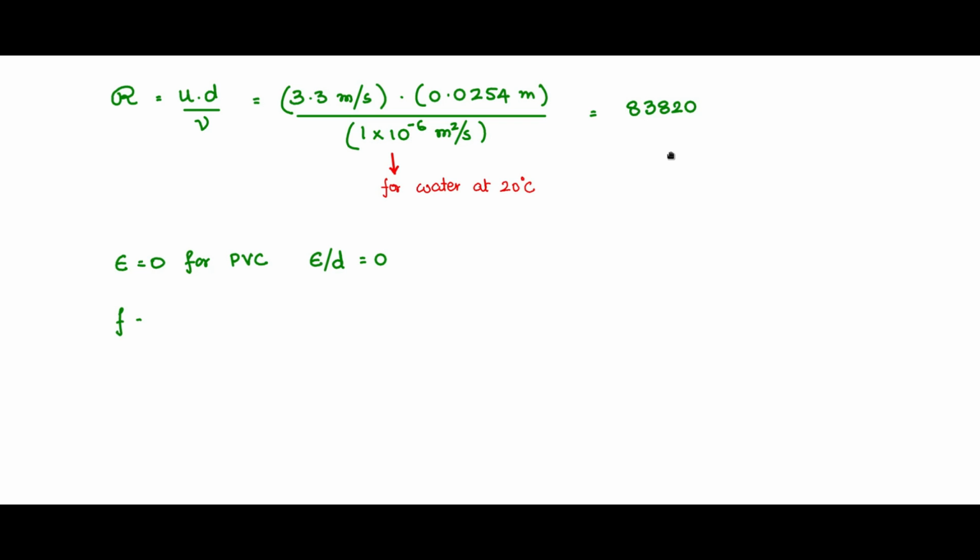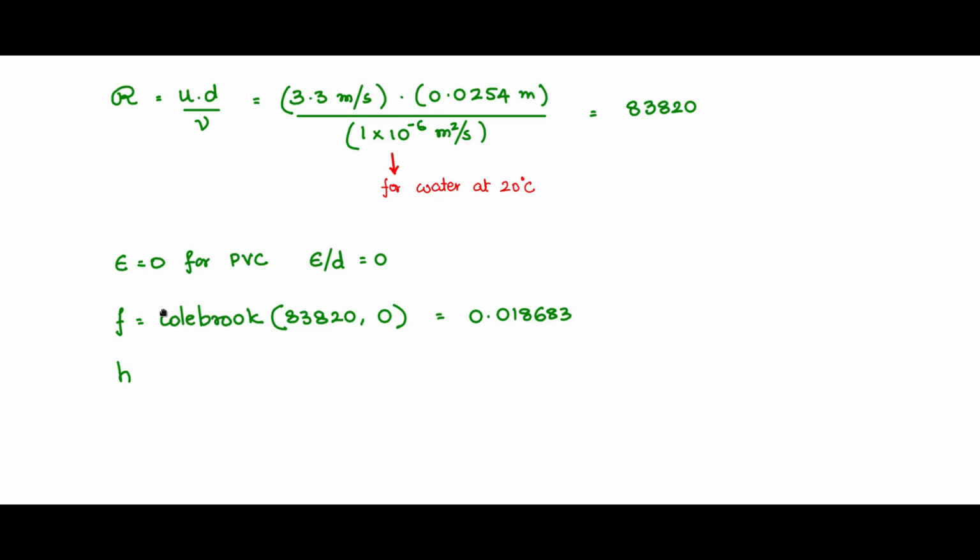And now you can find out the friction factor using the Colebrook formula. For the Reynolds number you have to provide 83820 and the roughness ratio, which is 0. So when you run the Colebrook iterative algorithm, you will land up with 0.018683. Now that is the friction factor.